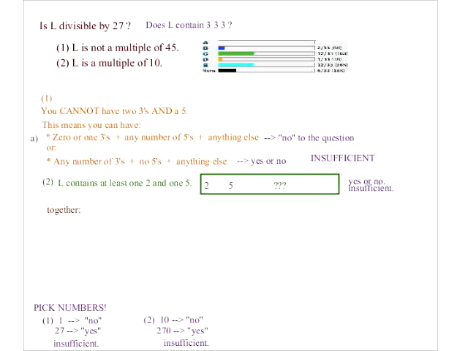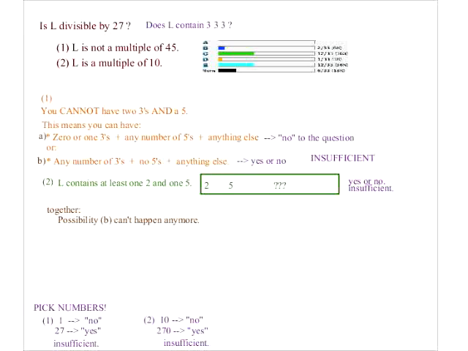Let's call that A and B. So the problem here is if you have a 5 in there, then this possibility is not possible anymore, because there is a 5, so you can't have this.